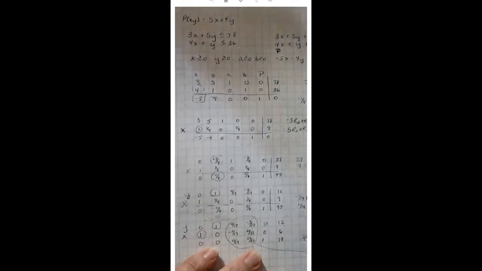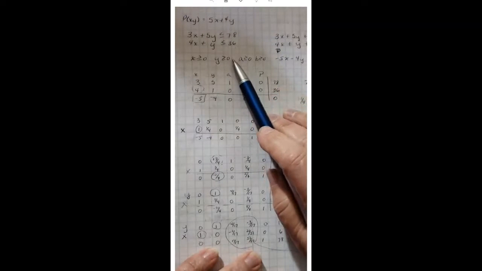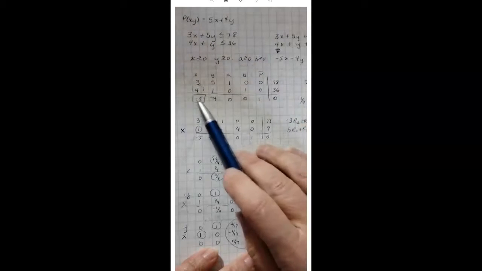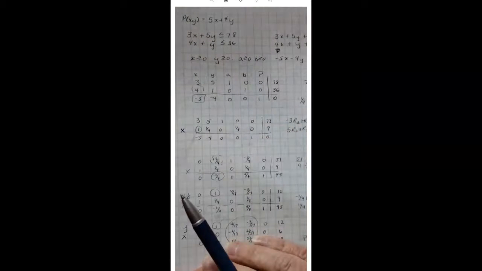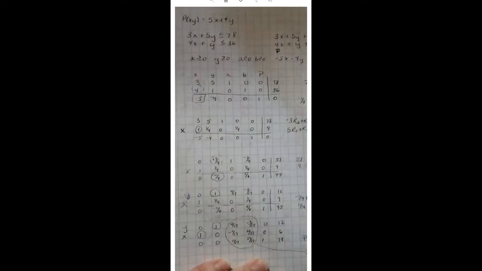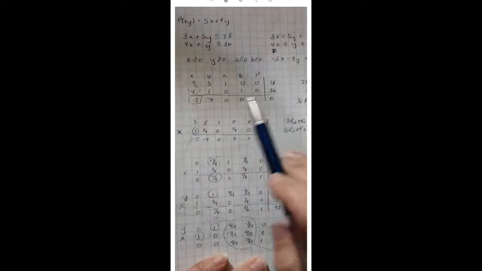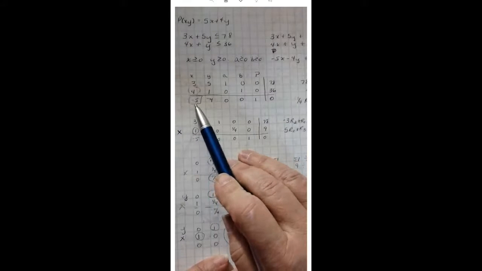So then we're taking this information and putting it in our tableau gives us this tableau. And now it's all about the pivot. So again, rule number 3 says locate the pivot element by looking on the bottom row and finding the smallest number, which would be -5.